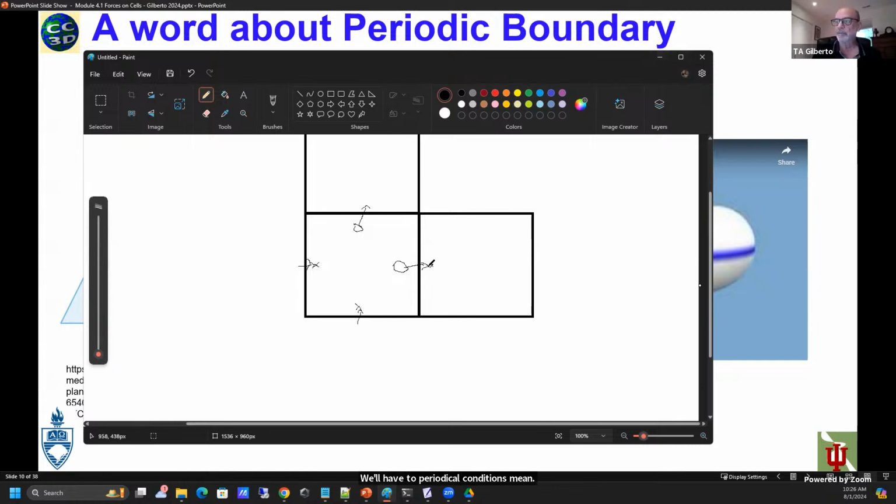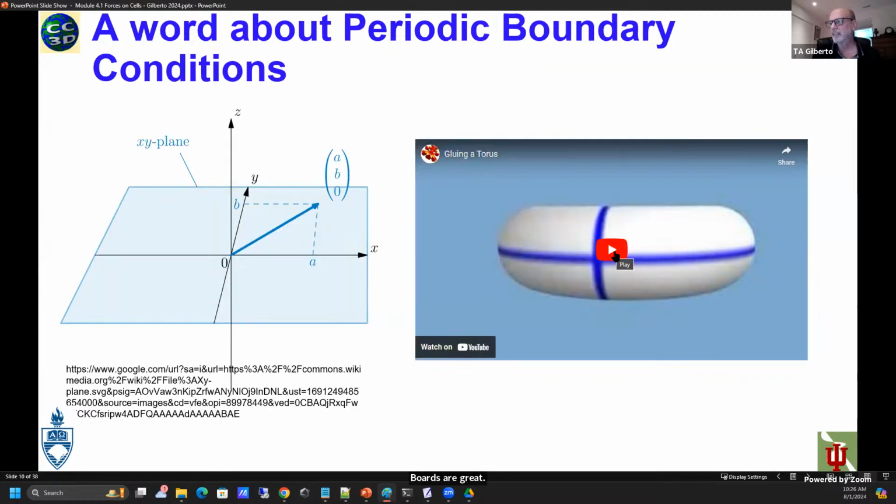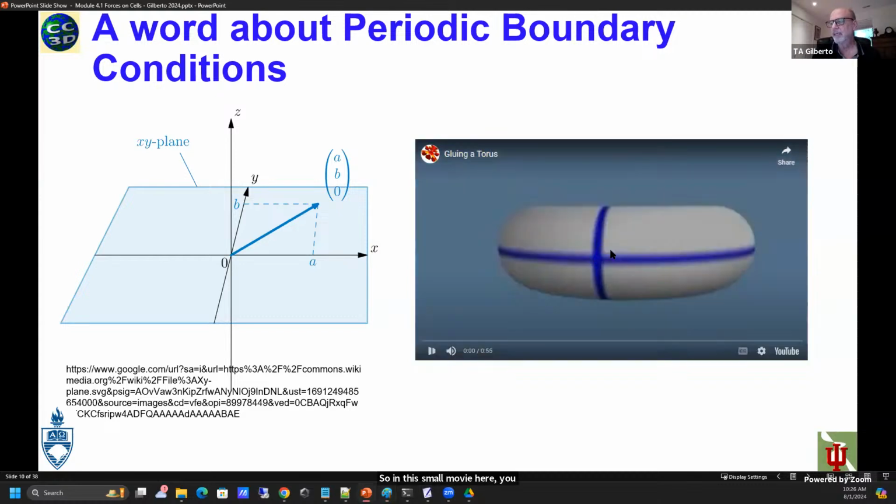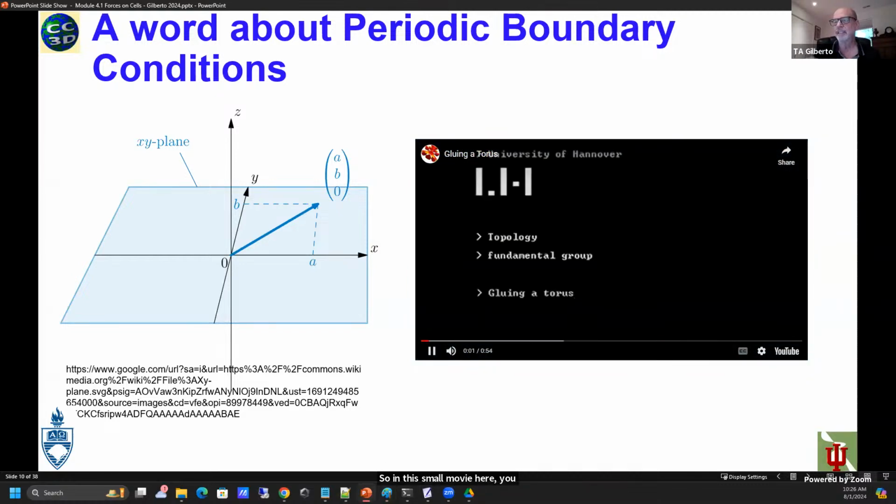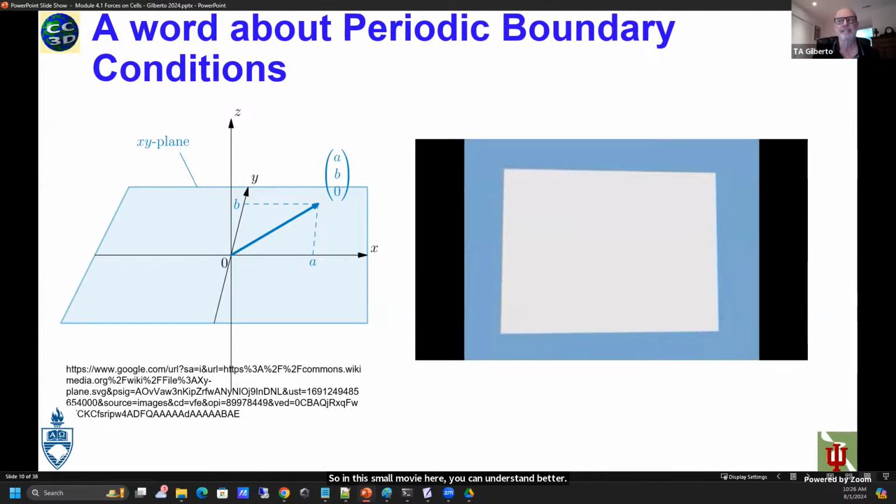You have the connection between the right and left borders, and the connection between the up and down borders of your grid. In this small movie you can understand better what the grid really looks like.